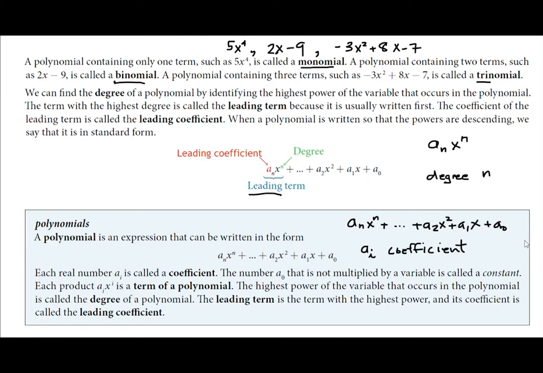And each term, a sub i x to the power i, is a term of the polynomial. And we've already seen the highest power on x is the degree of the polynomial, and the leading term is the term with the highest power. And of course the coefficient next to the highest power is the leading coefficient.